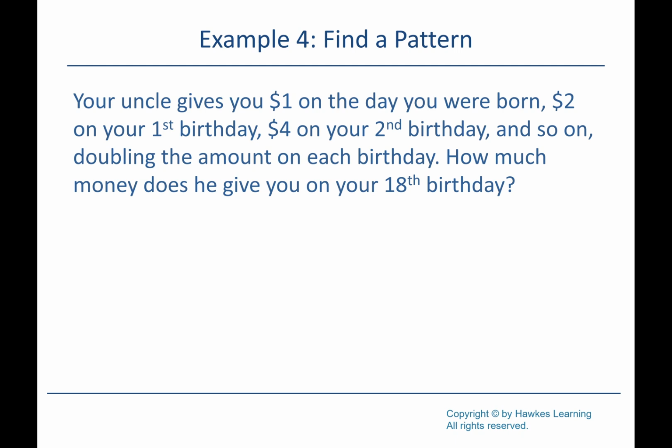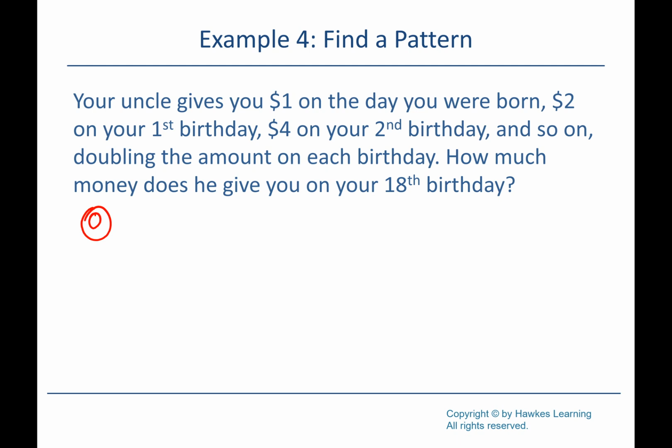Okay. So again, if you really wanted to, you could list them all out. Like I'm 1 year old, I get this much money. I'm 2, I get this. I'm 3, I get this. That's a little more work than I want to do personally. So if we can find the pattern, then we can do that without having to write so much down. So let's look at our pattern. When we're born, we'll call that year 0.